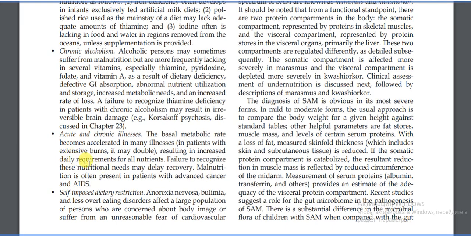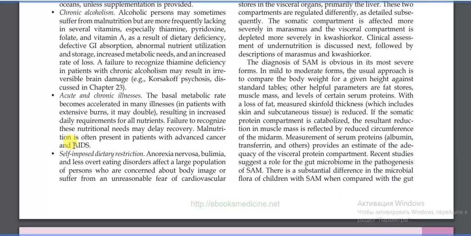We'll discuss cachexia a little later. And in AIDS also a lot of damage happens, which in the end causes decreased desire for food.